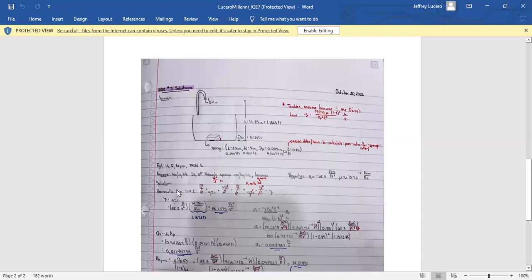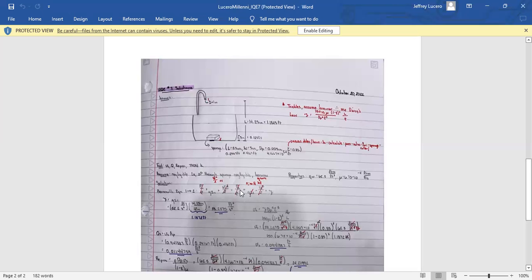The first thing that we need to do is the Bernoulli equation from 1 to 2, which is labeled up here, 1, 2, which is P1 over density plus gravity times the height of 0.1. We can neglect V1 squared over 2, the kinetic energy, because it's way less than V2.